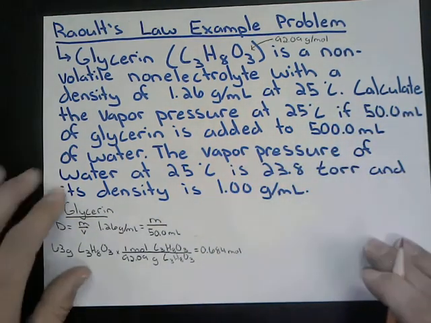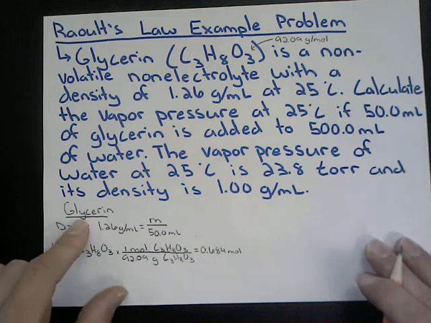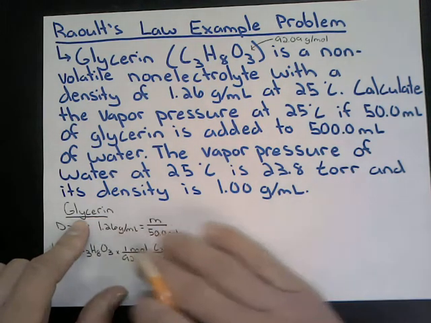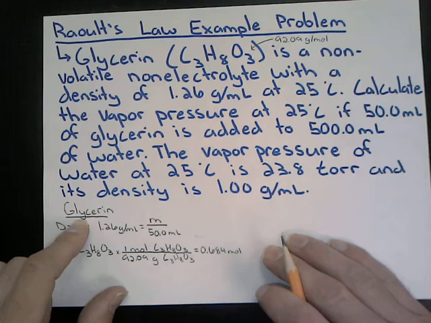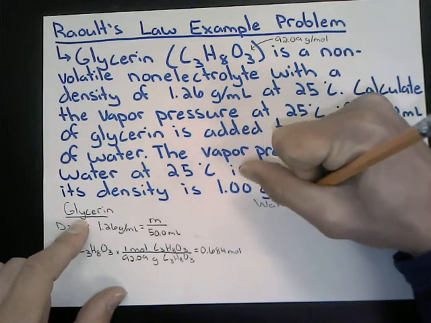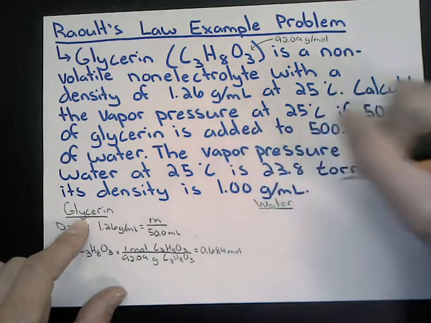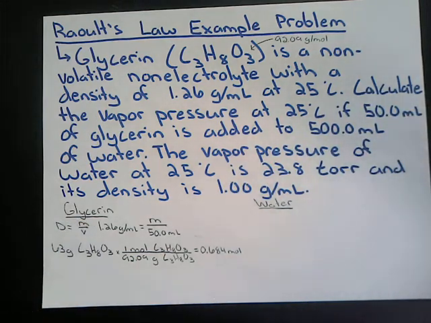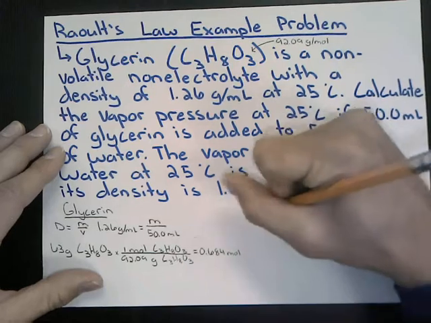Now, that is just my solute. I need to do the exact same thing for water, my solvent. So I go over here, I start out with water, and again, I am not given the number of grams of water, and I'm not given the number of moles, so I have to do the same thing.